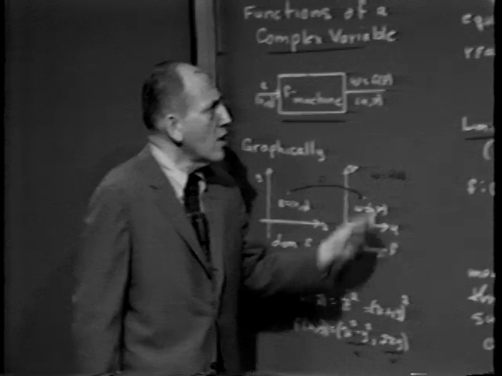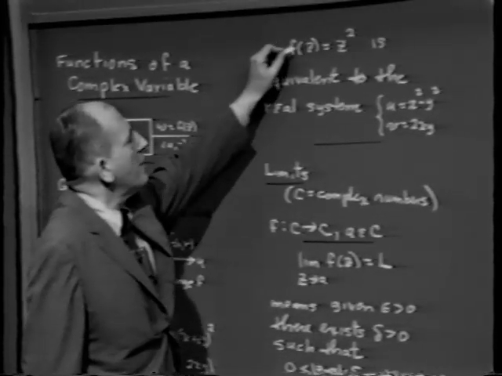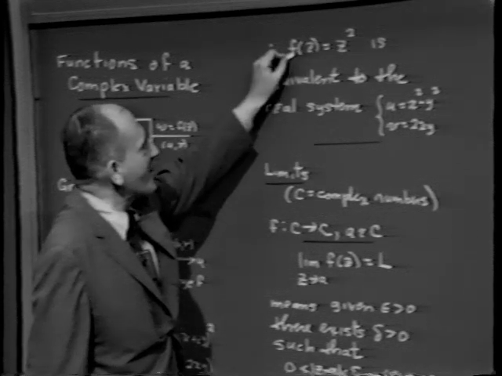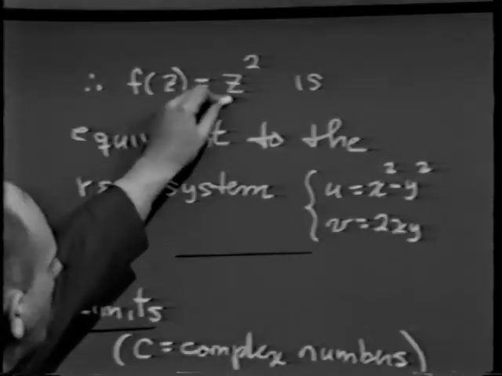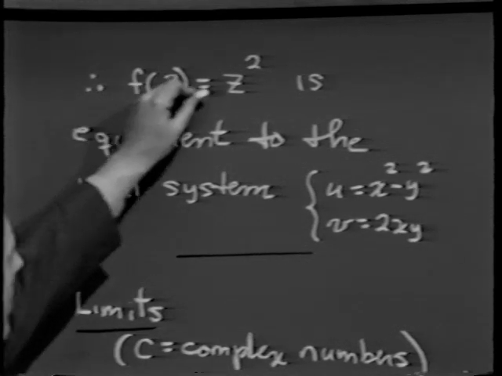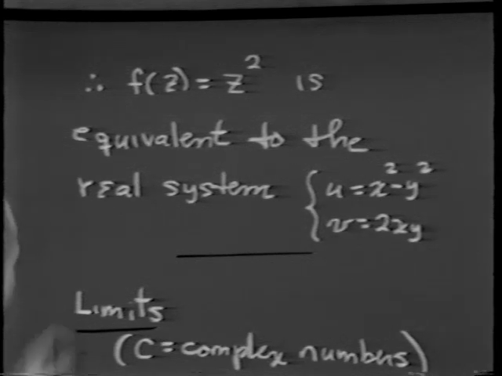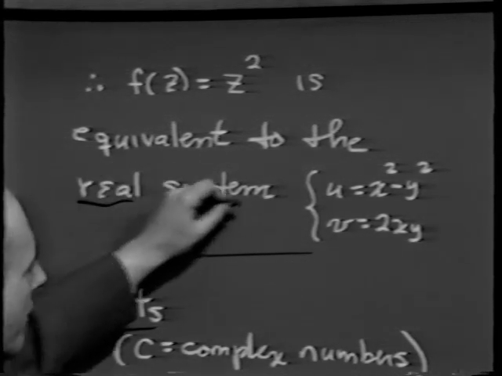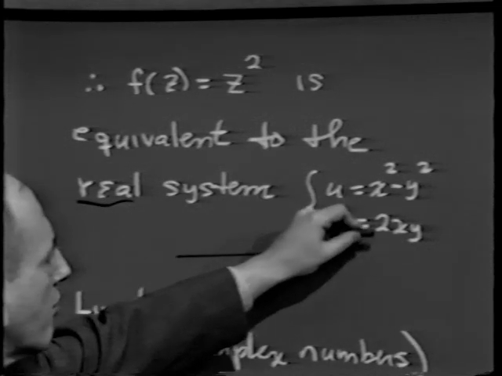So in summary, notice that the complex valued function of a complex variable, in other words, we're mapping complex inputs into complex outputs, but that particular mapping, f of z equals z squared, is equivalent to, and this is important, the real system of equations u equals x squared minus y squared, v equals 2xy.